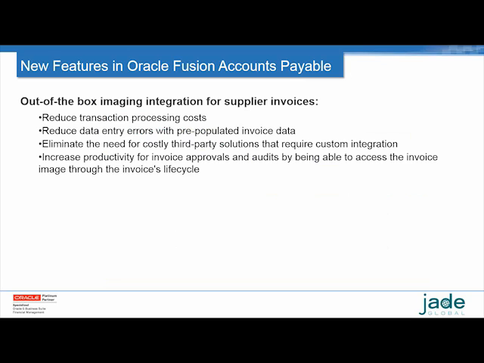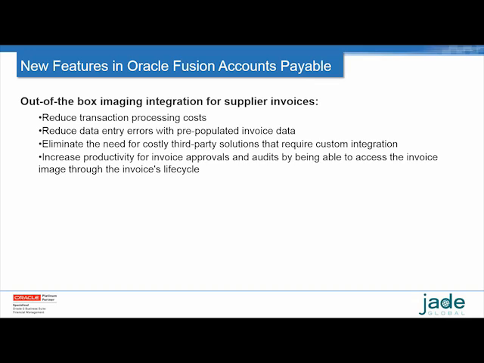Out-of-box image integration for suppliers reduces the transaction processing cost, reduces data entry errors, and eliminates the need to buy a third-party solution to integrate the invoices from your vendors into your systems. It also increases the productivity of invoice approval and audits by being able to process the invoice image through the invoice lifecycle.